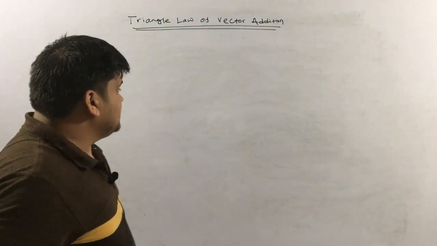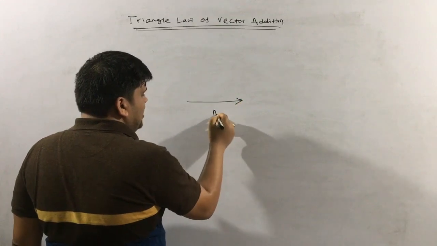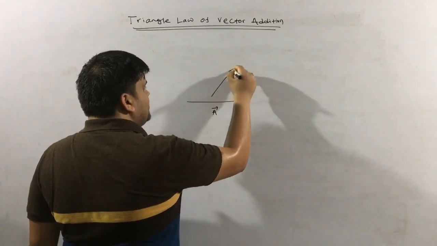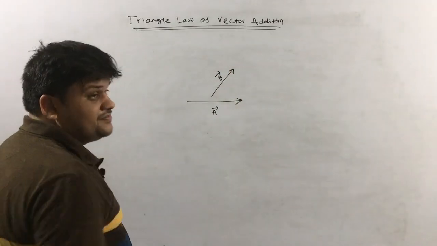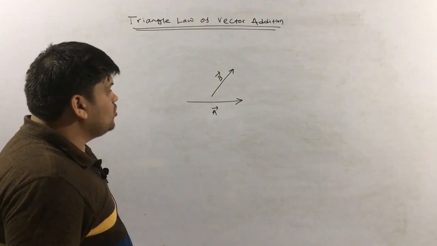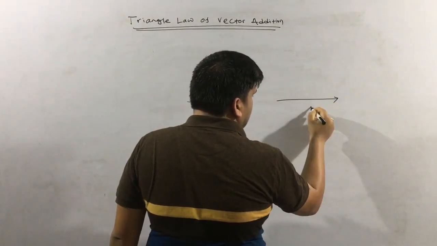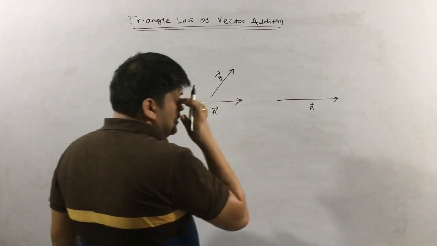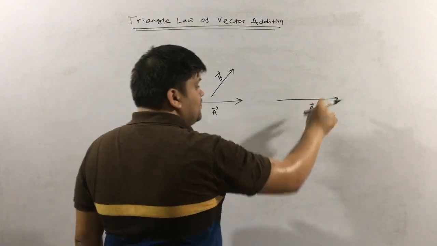So the definition is like that: if there are 2 vectors given, let it be A vector and B vector, and it is asked to add them, then how to add them? First draw the given vector, one vector, then draw the second vector at the end of the first vector.